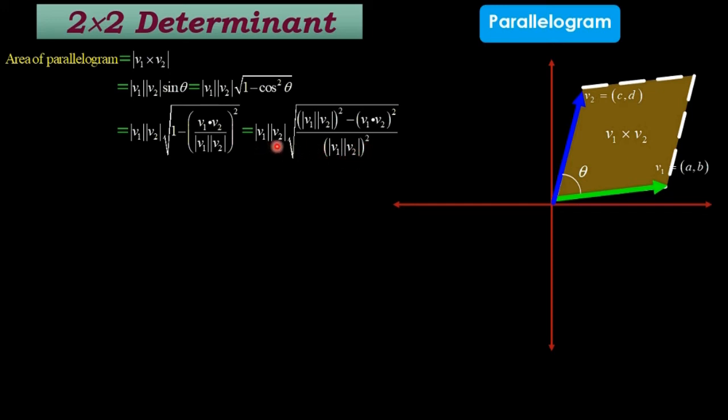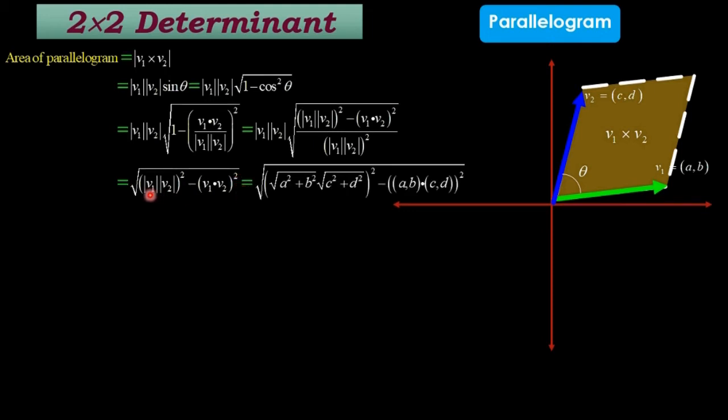So the norm of v1 norm of v2 is cancelled with the square root of 1 upon (norm of v1 norm of v2) whole square. So these two terms are cancelled. Then we have square root of (norm of v1 norm of v2) whole square minus (v1 dot v2) whole square.